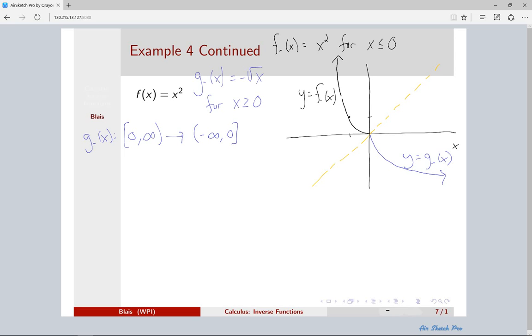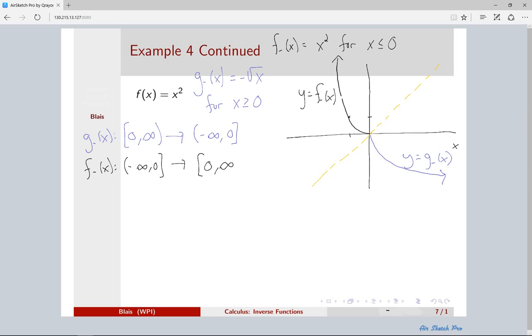Now how about our original f minus of x? So f minus was this restriction of x squared to the second quadrant. Its domain are the numbers from negative infinity up to 0. And its range are non-negatives, so numbers that are greater than or equal to 0.